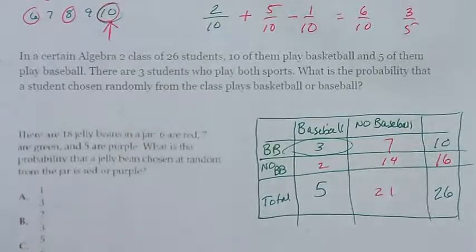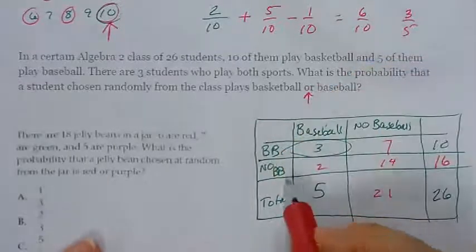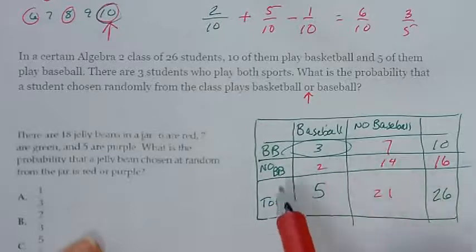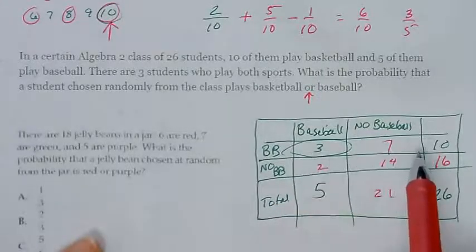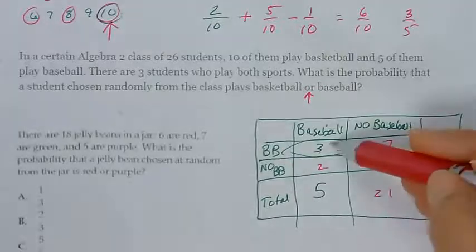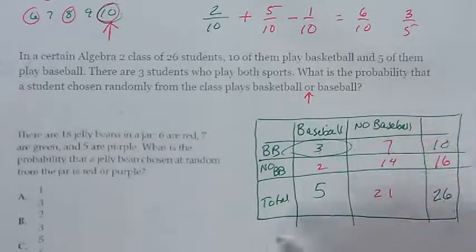So it says, what is the probability a student plays basketball or baseball? So basketball, where is basketball? Let me think about this.